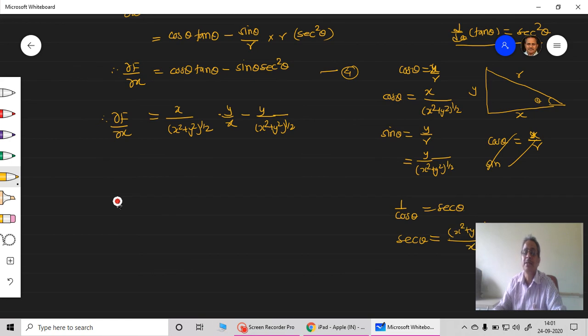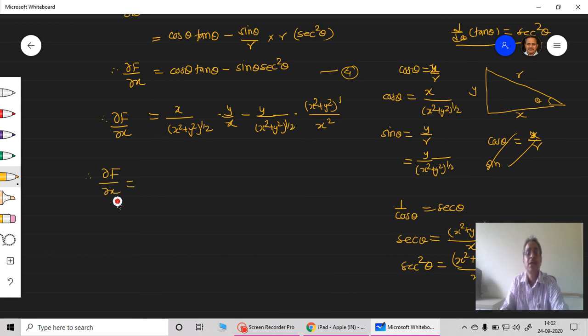Therefore sec square theta is square of this: (x square plus y square) raised to 1, because this half is there, divided by x square.